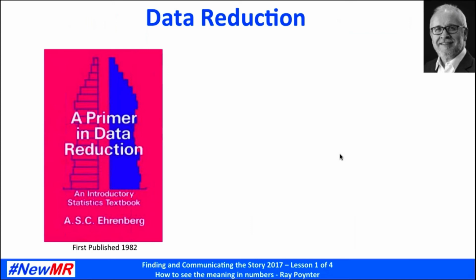There is an absolutely invaluable read. It was published back in 1982. I was lucky enough to see Andrew Ehrenberg do some of his presentations, and it's still a really, really useful book on data reduction. How do you make the data move into a form where you can understand the message so much better? There are 1 or 2 things that are slightly quaint and out of date.